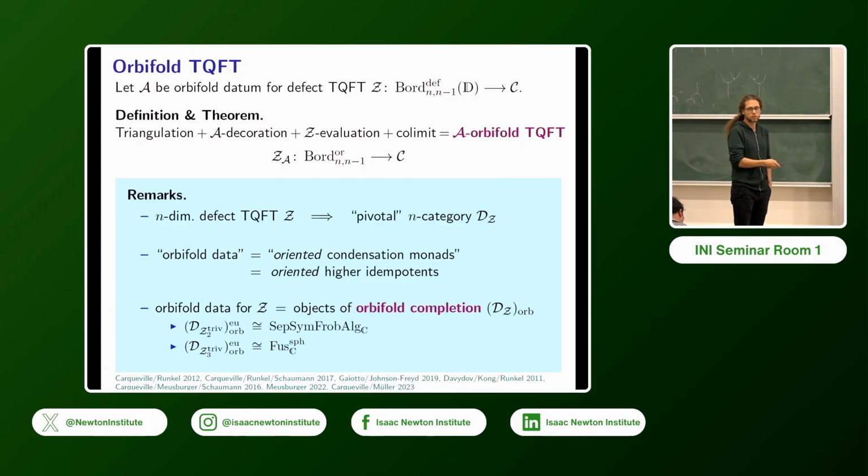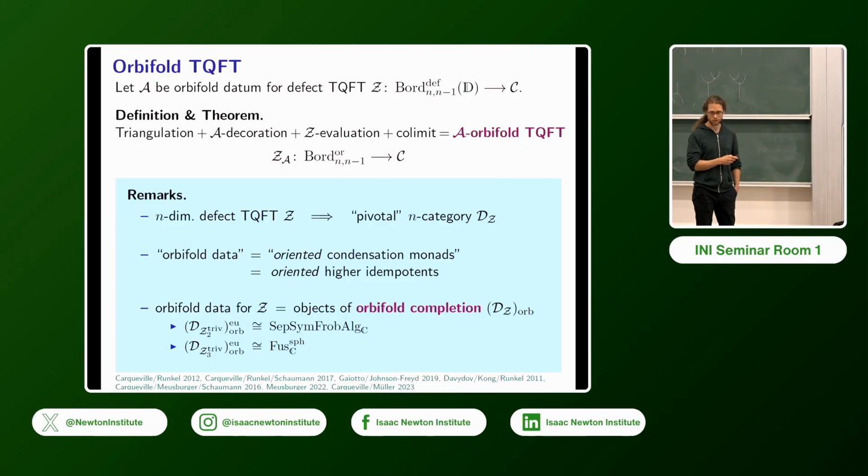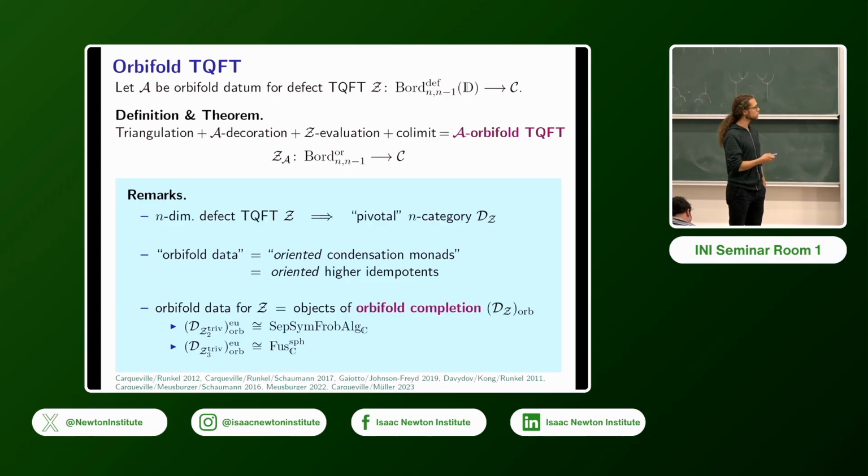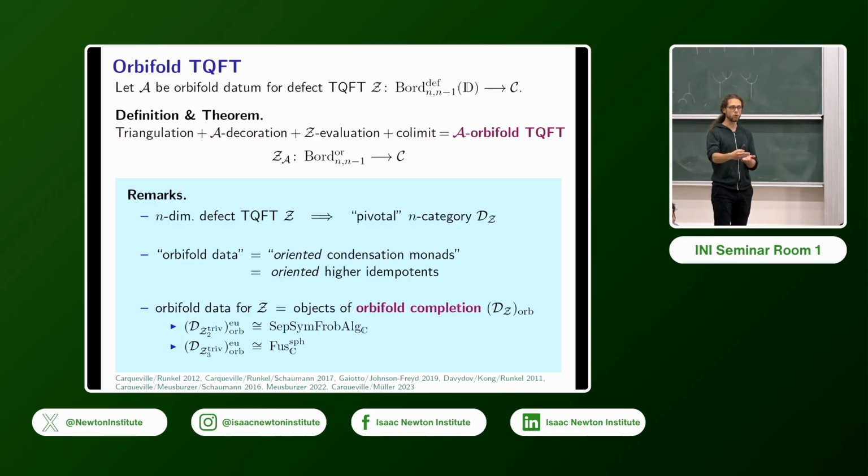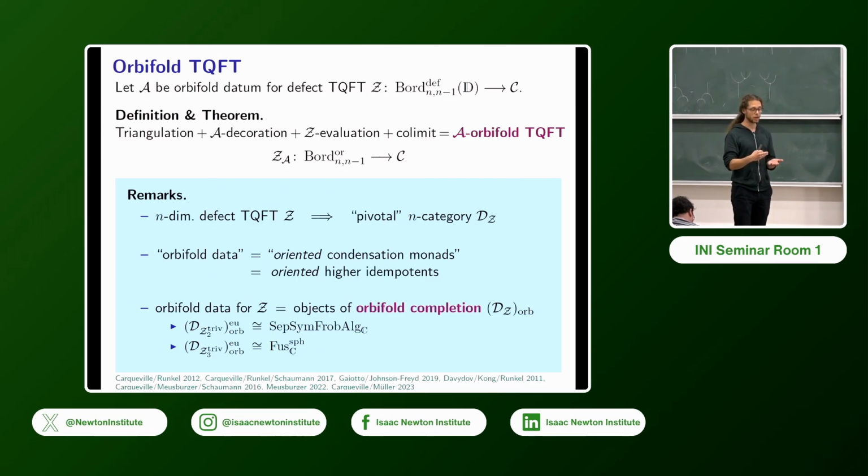Pivotal: I don't know what a pivotal 3-category or pivotal 4-category is, but we know what a pivotal 2-category is, and what I mean by this is that all the morphisms have adjoints, and the adjoints behave well with one another. And in dimensions 1, 2, and maybe 3, we know what it is. Does that answer the question? Yeah. So is it related to the order? Not yet.